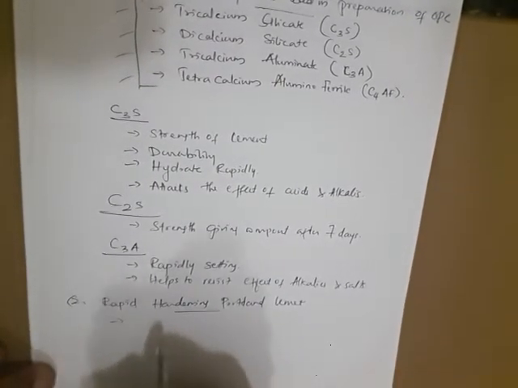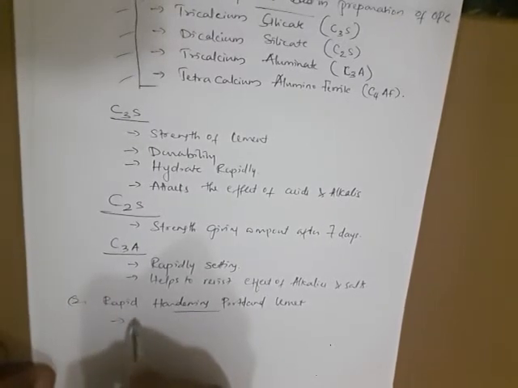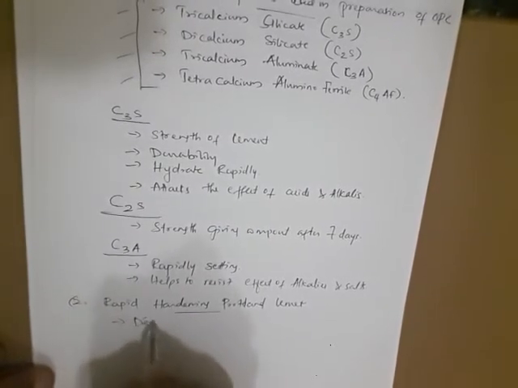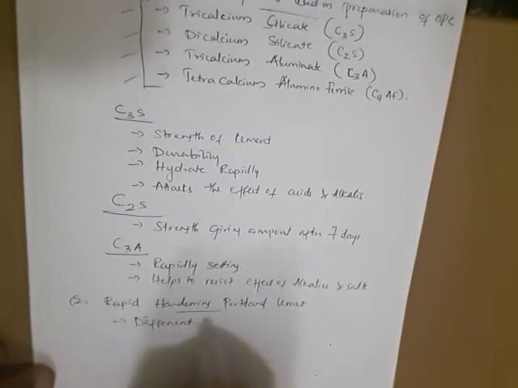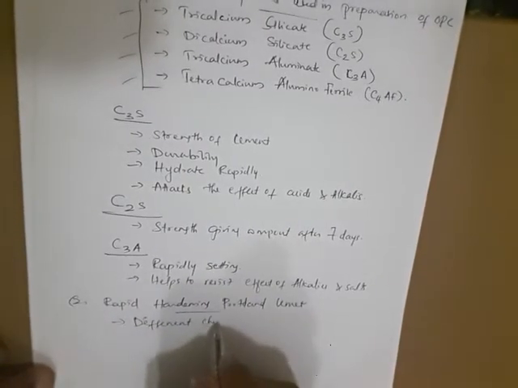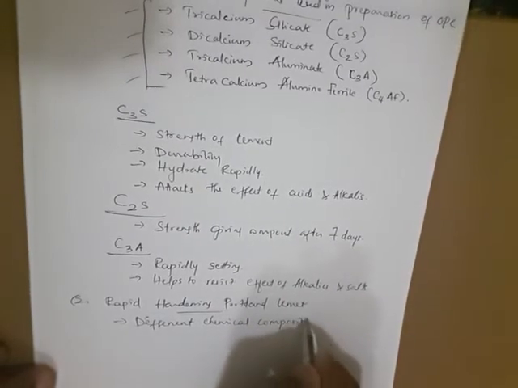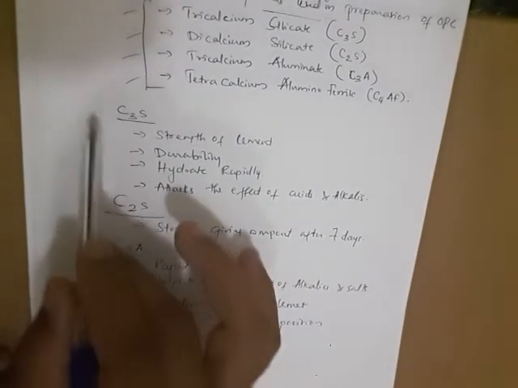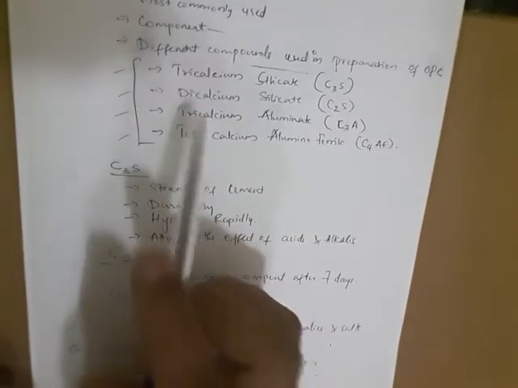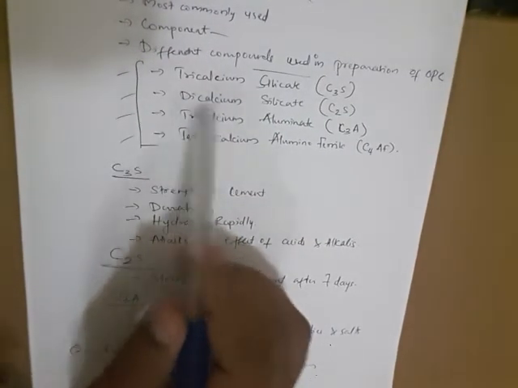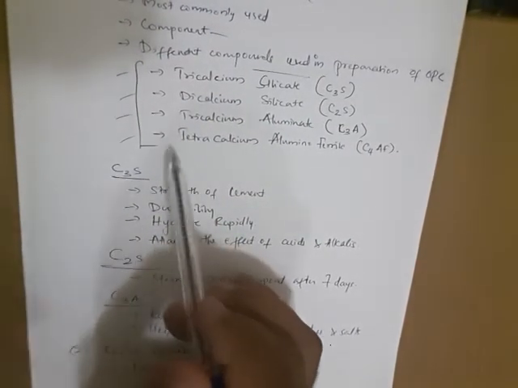This is obtained by different chemical composition of these four items: tricalcium silicate, dicalcium silicate, tricalcium aluminate, tetracalcium aluminoferrite.